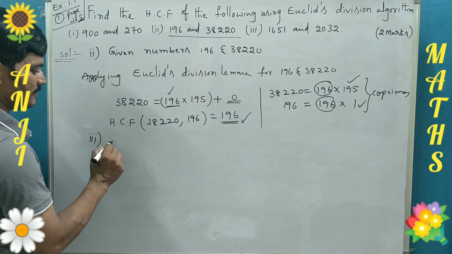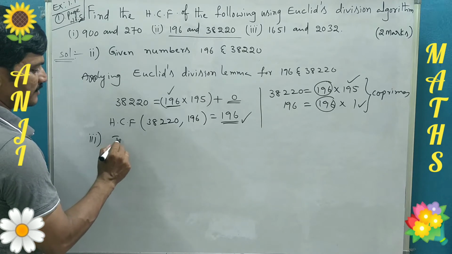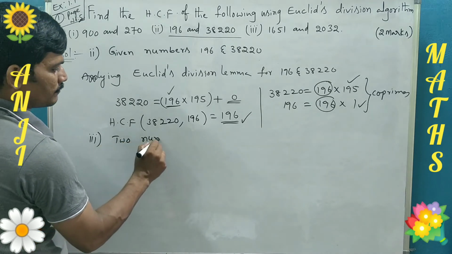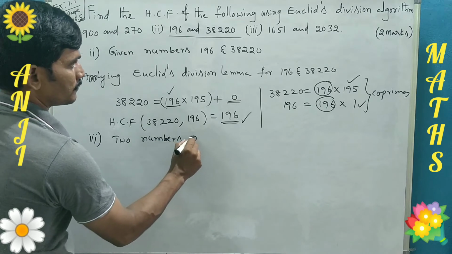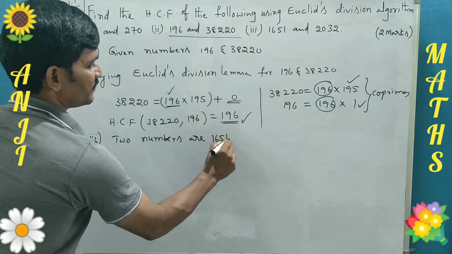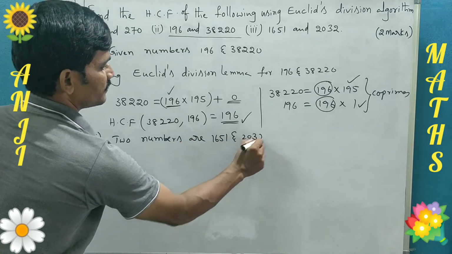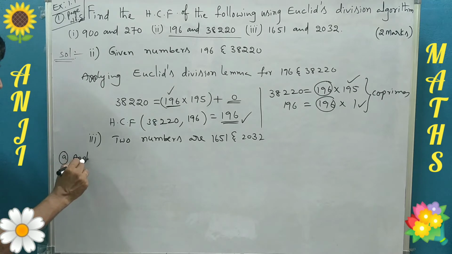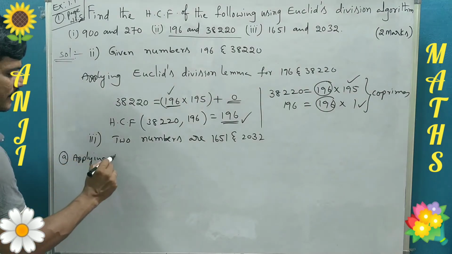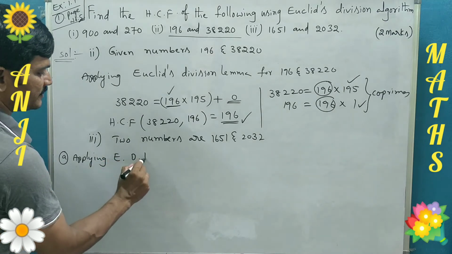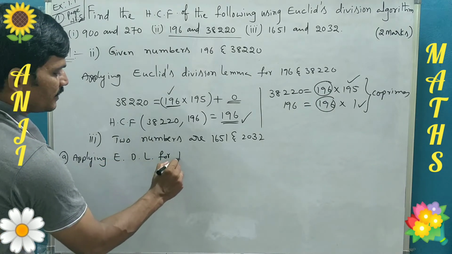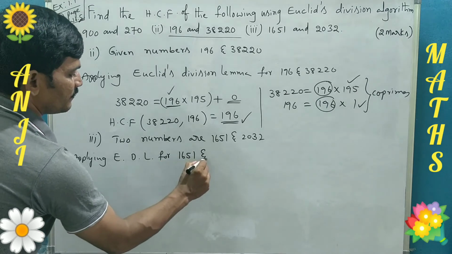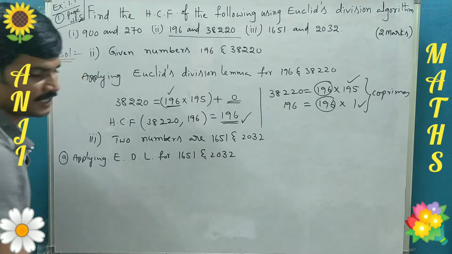The two numbers are 1651 and 2032. Applying step 1, let it be A. Euclid's division lemma for 1651 and 2032.